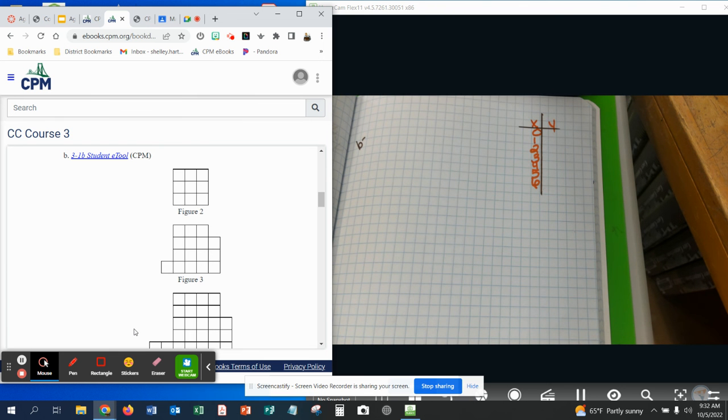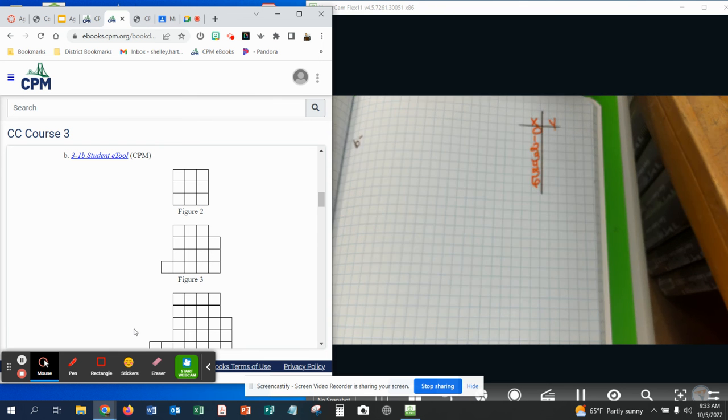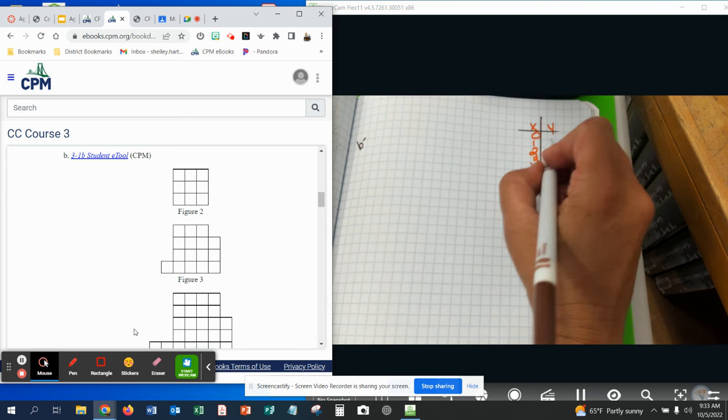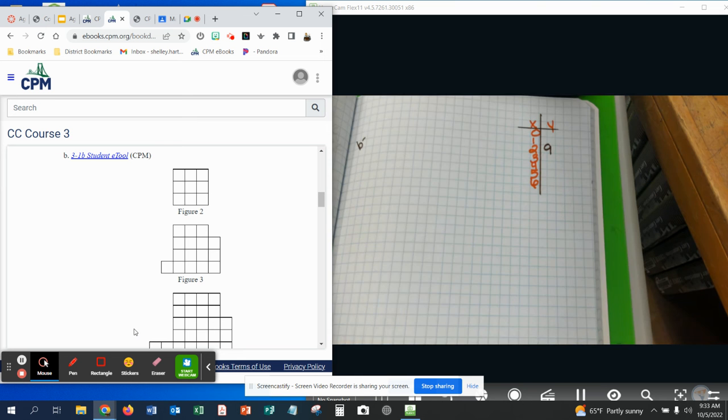What do I do now? How am I going to fill in the x and y chart? Yes, you're going to count figure 2. Good. And how many do I have in figure 2? 9. Okay. How many do I have in figure 3?